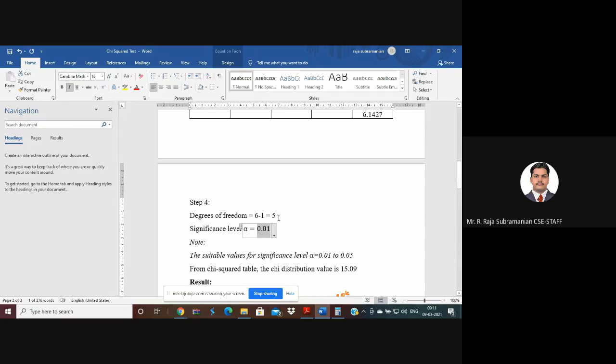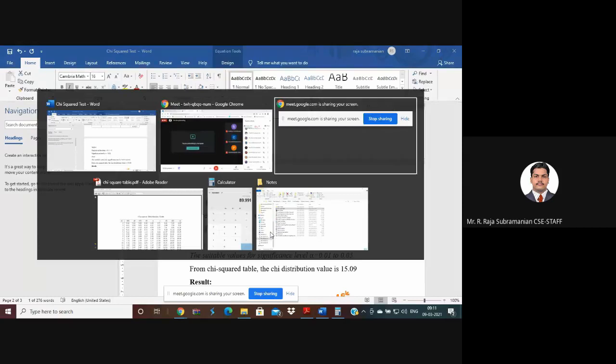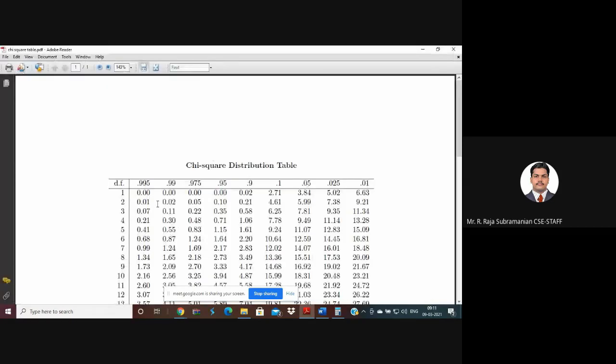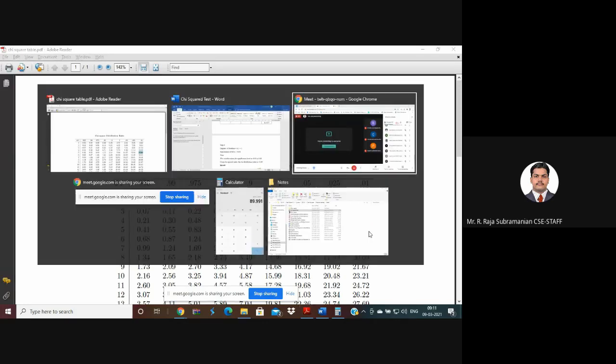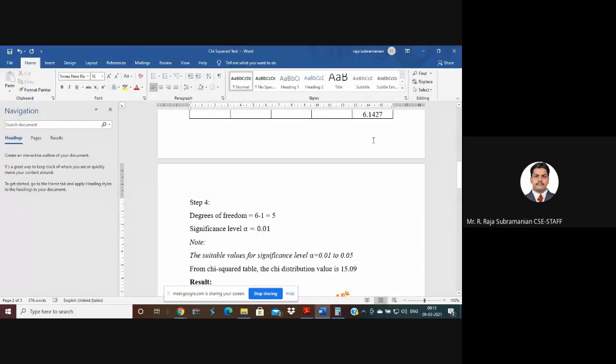So for 5 degrees of freedom and 0.01, I go to the chi-square table, and I need to understand where my confidence interval actually stands. It actually is 15.09. So I go to my value. I see here, I get a value like 6.1427.